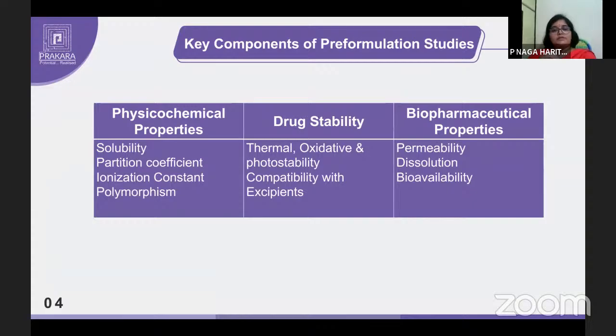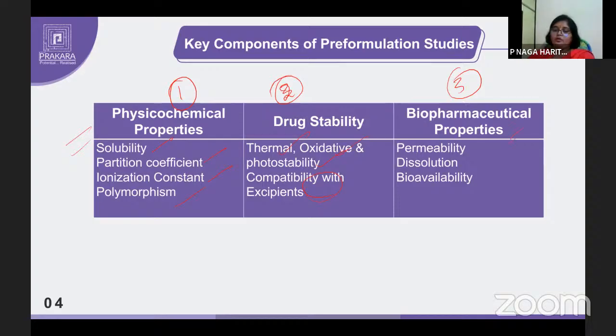Coming to the key components of pre-formulation studies, they are mainly divided into three categories. The first is the physicochemical properties of the drug, which include solubility, partition coefficient, ionization constant, and polymorphism. Then the drug stability, which includes thermal stability, that is temperature, then oxidative stability, photostability, and also compatibility with the excipients.